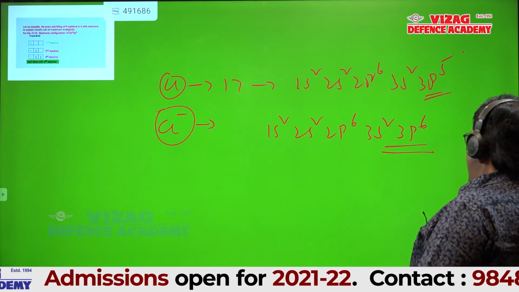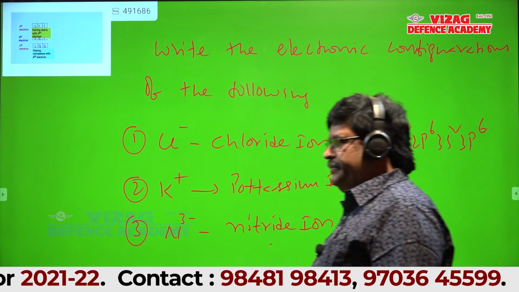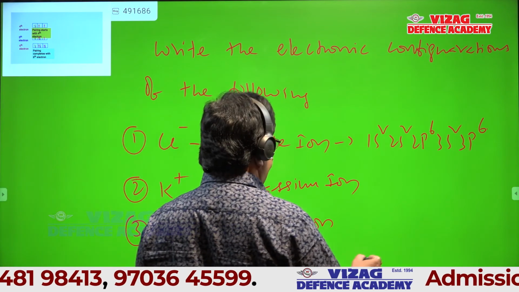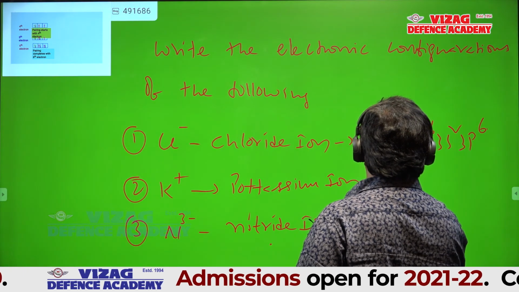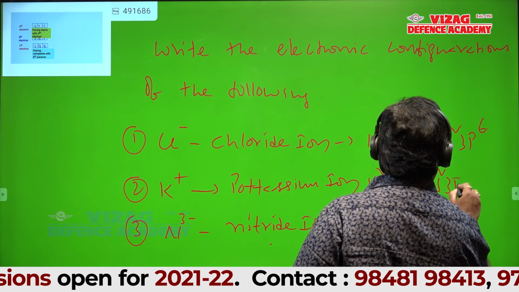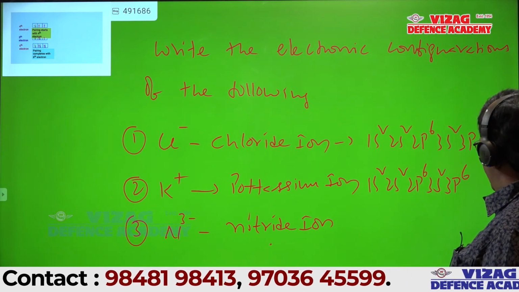Similarly, can you write for K plus and N3 minus? 1s2, 2s2, 2p6, 3s2, 3p6. K plus I am asking here.